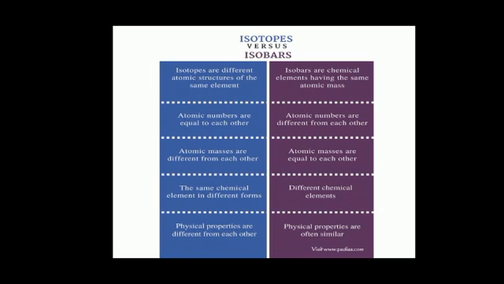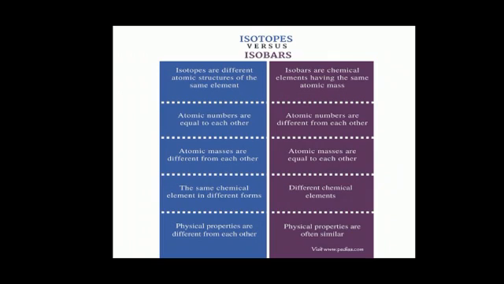Now let us study isotopes versus isobars. What are the differences between these two? First one is, isotopes are different atomic structures of the same element. And in case of isobars, these are chemical elements having the same atomic mass.